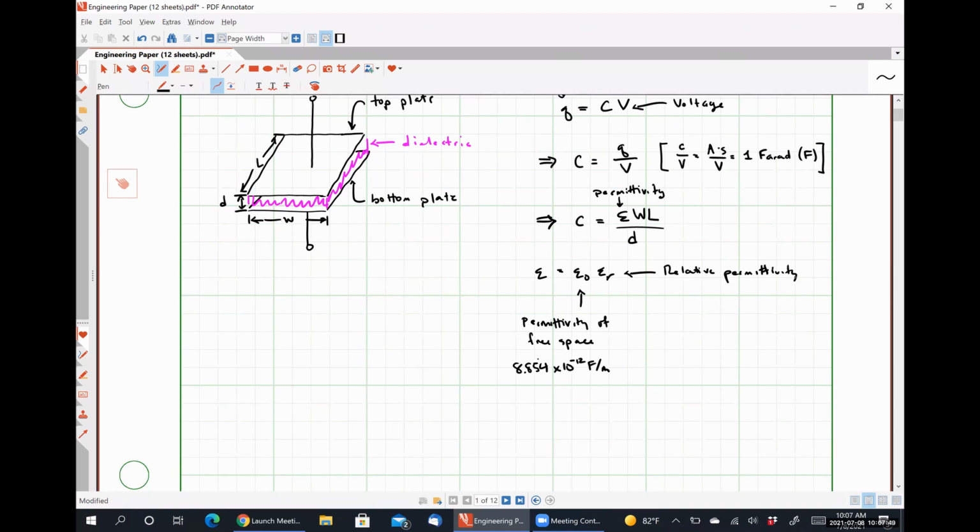So for air, it's like 1.0006, so very, very close to what you would get with a vacuum between the plates. For silicon, it's 11.6, so if we put silicon between the two metal plates, we would have a stronger capacitor, so it could store more charge.